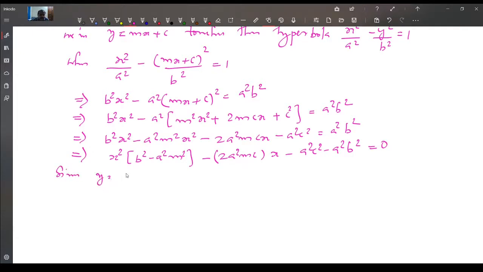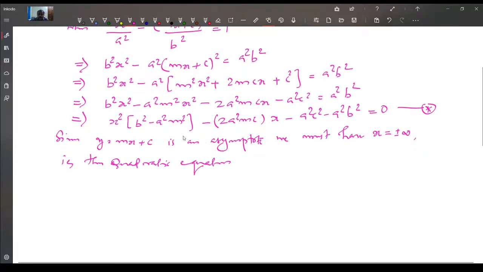So, since y equal to mx plus c is an asymptote, we must have x equal to plus or minus infinity, that is, the quadratic equation star does not have a solution.